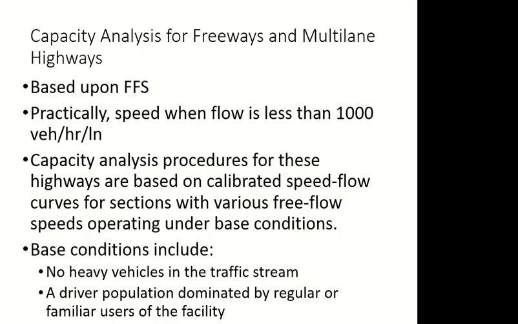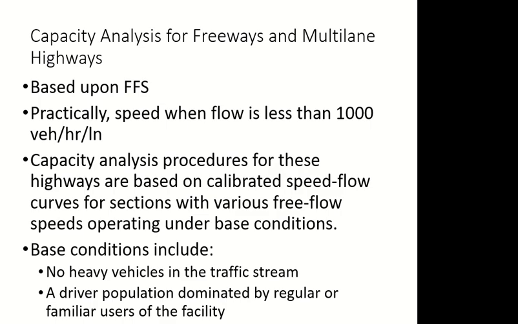You will see later that even for two-lane highways this is the first item you need. As we discussed in the spot speed case, if the flow is less than 1000 vehicles per hour per lane, the average speed in those conditions can be considered as free flow.